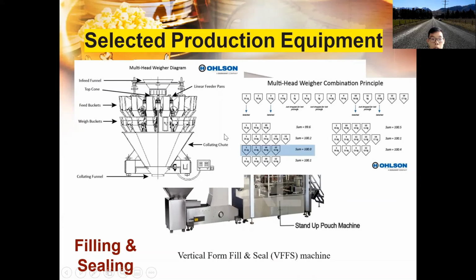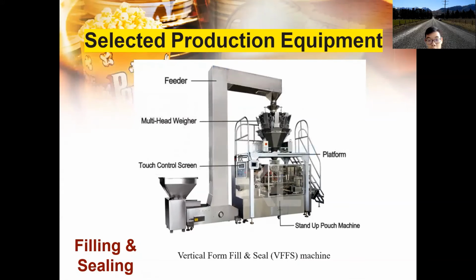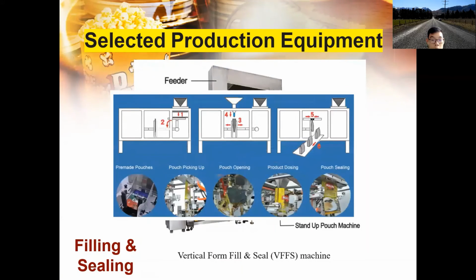So this multi-head weigher system implements such a principle. And finally, the stand-up pouch machine. This is the mechanism of the stand-up pouch machine, whereby every package is sucked down so as to handle one package from the pile of packaging. After being sucked down, it is opened by being clamped, whereby each clamp has a vacuum suction.